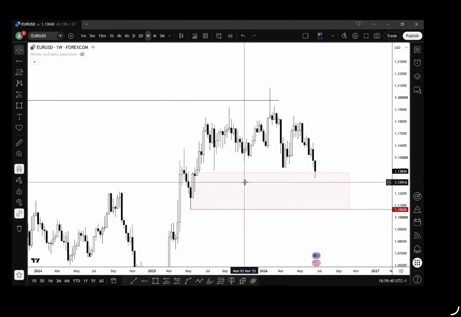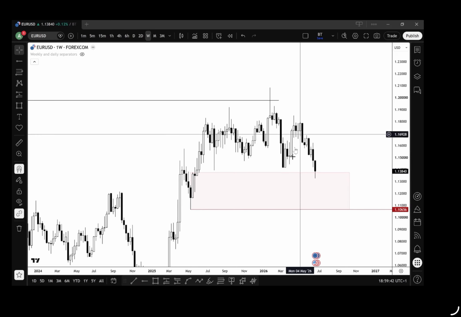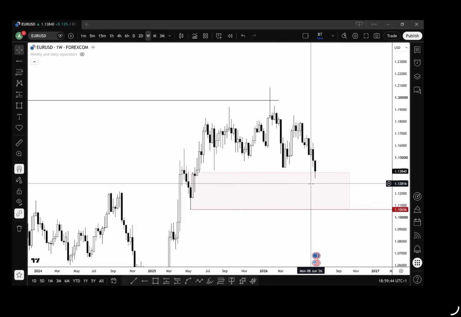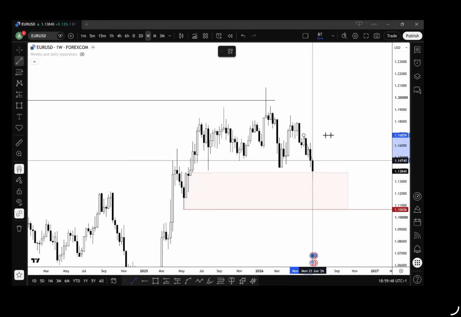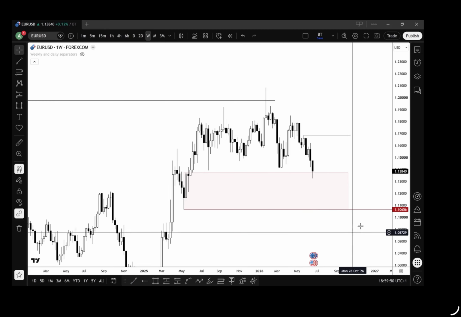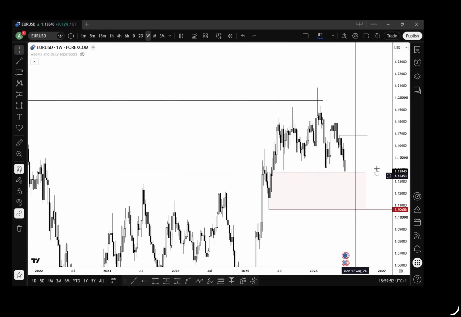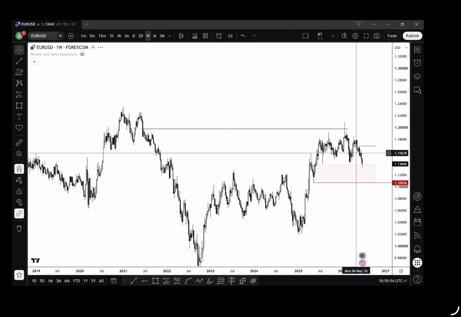Because we have taken significant liquidity, I think we might see a bullish move up, maybe clear these highs, and then come back down. I think Euro moves lower.